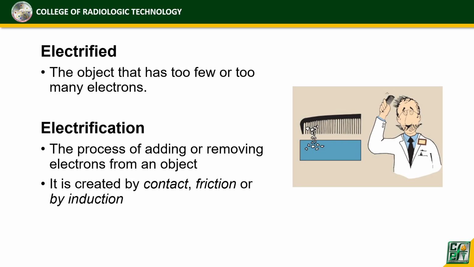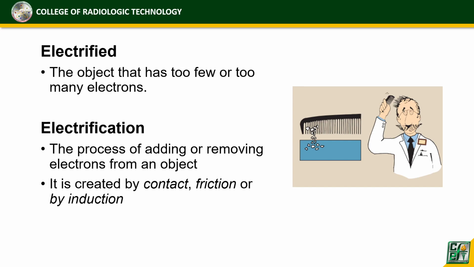Okay. So by contact, so siyempre when we say contact, alam natin yan na contact between two objects. Okay? Then friction, when two objects are in contact and then they are pressed together and moving from opposite direction. Friction occurs, heat occurs, and electrification occurs.